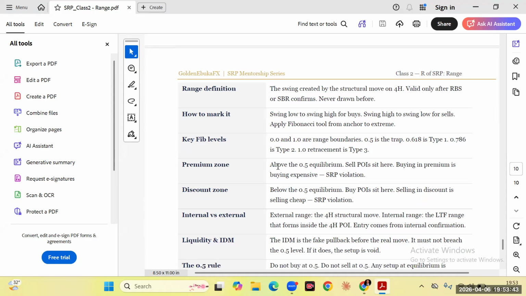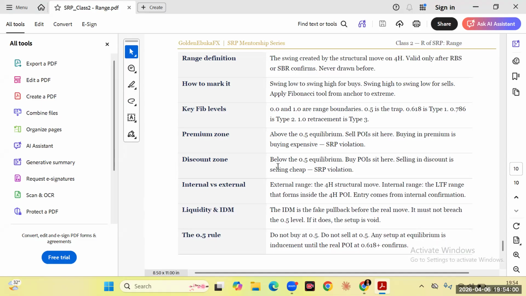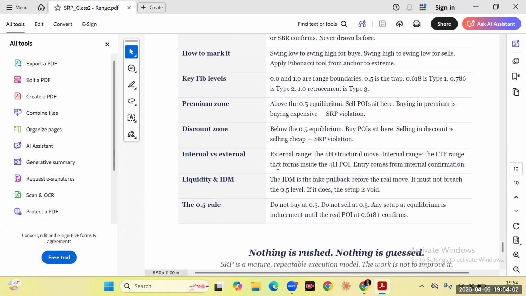Then the premium zone, which is above 0.5, especially from 0.6, for sell, and then the discount zone below 0.5, for buy. Internal and external range. External range: 4 hour, structural move.